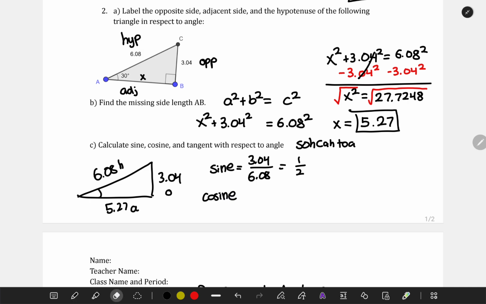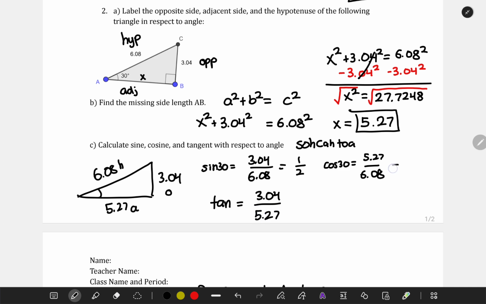Cosine. And I think it helps to write the angle, so I'm actually going to change this a little. I'm going to say sine of 30 equals this. Cosine of 30 equals 5.27 over 6.08. And then tangent. Tangent is going to equal 3.04 over 5.27.